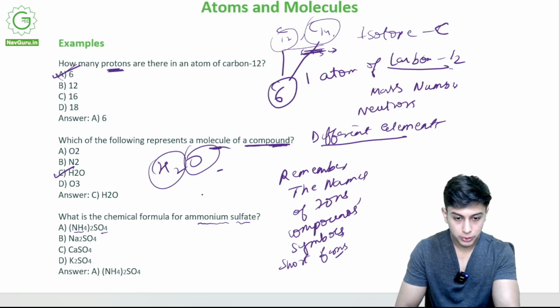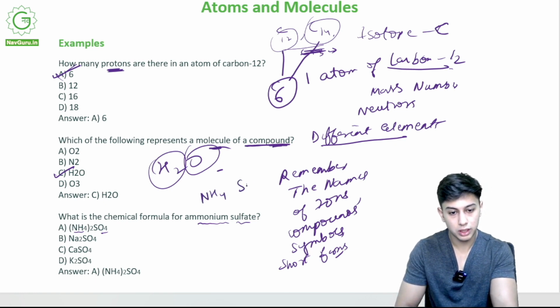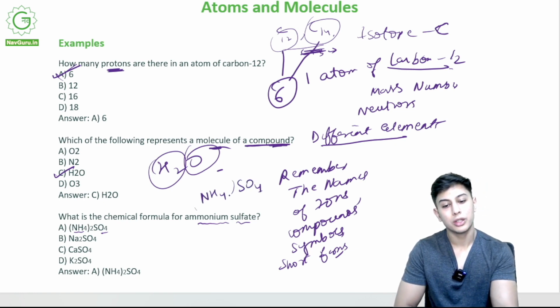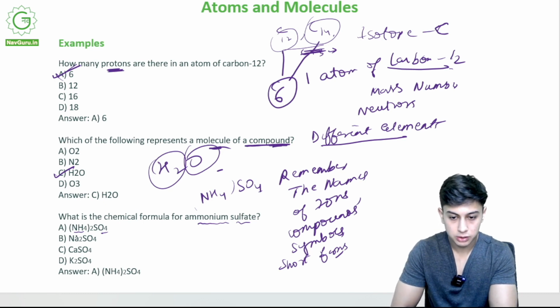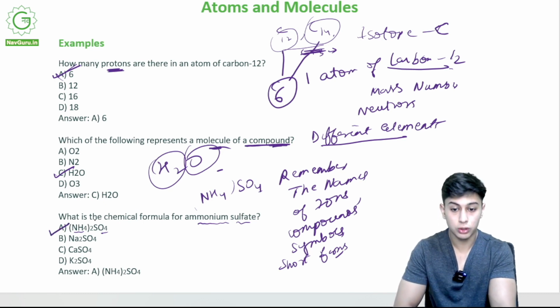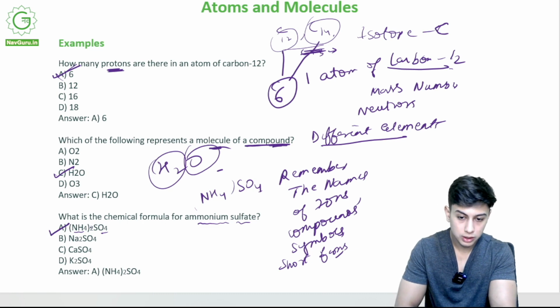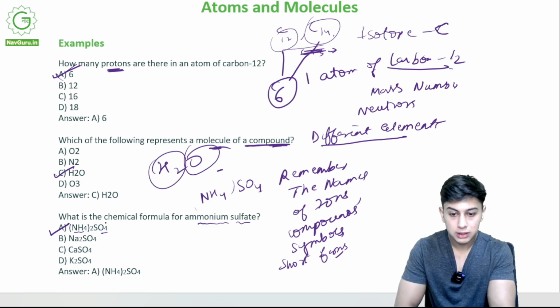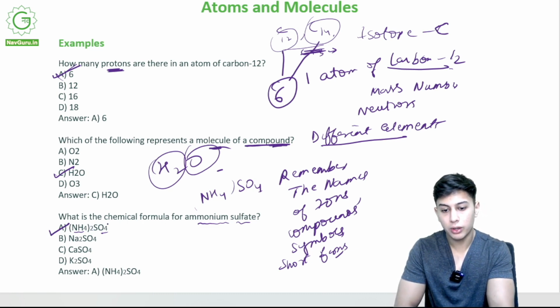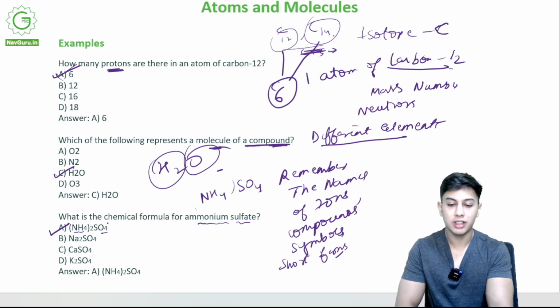If you know the ammonium NH4, if you know sulfate SO4, you will be easily able to categorize which one is this. This is NH4 whole twice SO4. What does this whole twice mean? That means two have gone from SO4 to ammonium and one from ammonium has gone to SO4. That is their valencies.